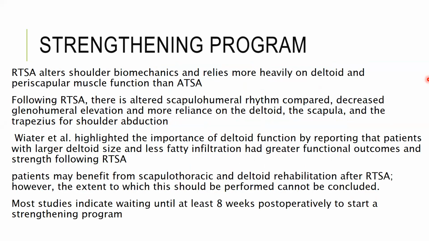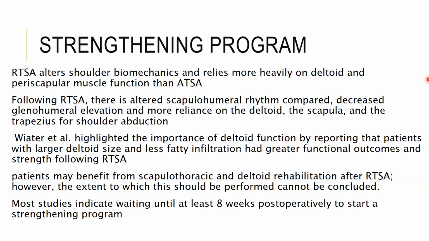Strengthening program. We have to remember that when a reverse shoulder arthroplasty is done, the shoulder biomechanics is completely altered, and it is heavily dependent on the deltoid and periscapular muscle function. Whereas in the total shoulder arthroplasty, the biomechanics is maintained as much as possible. There is going to be an altered scapulohumeral rhythm and decreased scapulohumeral elevation, and there is heavier reliance on the deltoid and upper trapezius for shoulder abduction.